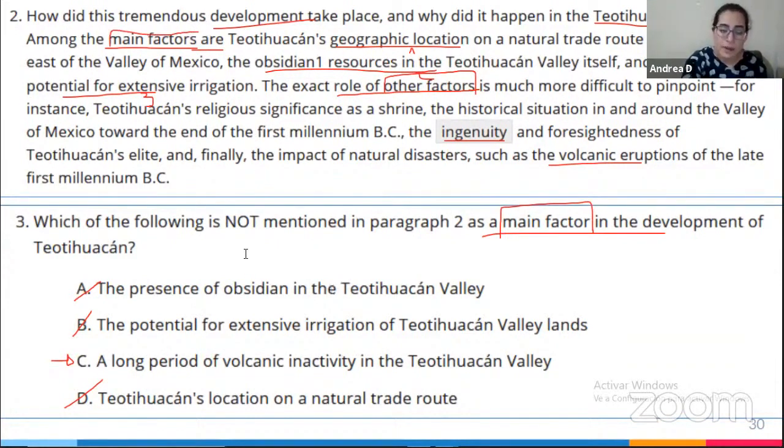And here's the tip. Be careful with quantifiers. Believe me, I've seen tons of questions, or even I've made a lot of mistakes because I wasn't paying attention to these quantifiers, like main factors and other factors. It differs in quantity. The main factors are the most important ones, and the secondary factors is not the same.